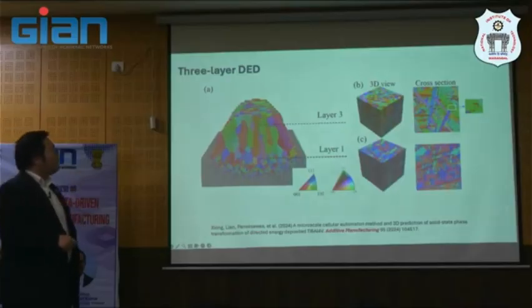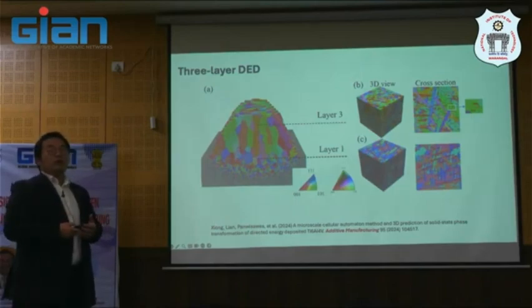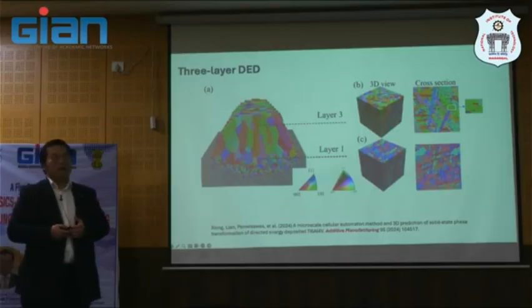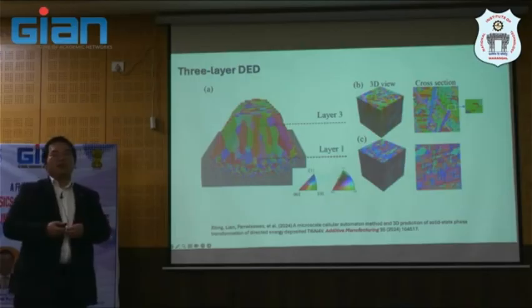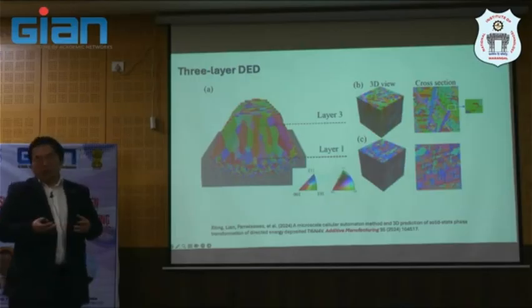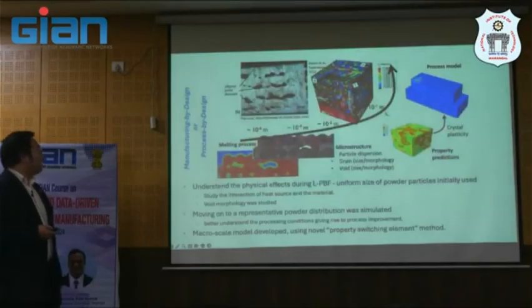So you can represent this in the alloy design model, and hopefully this will improve the design algorithm and help us get better composition, for example, to print better as well as to get better property.